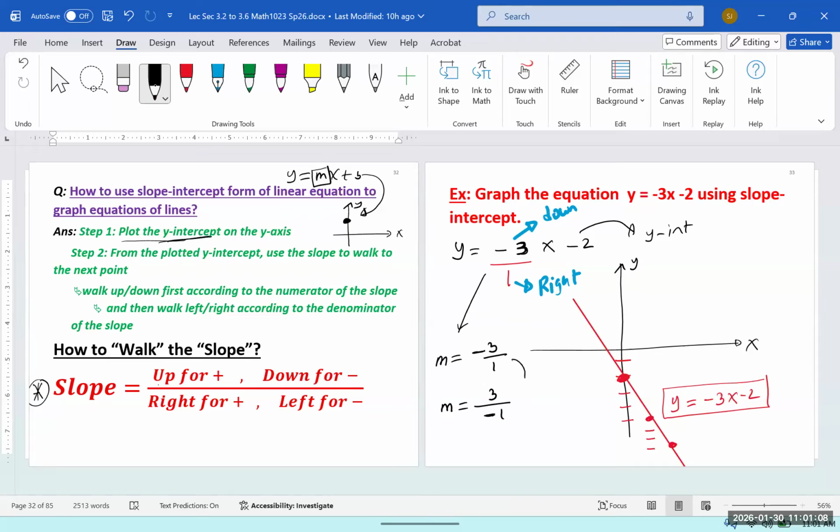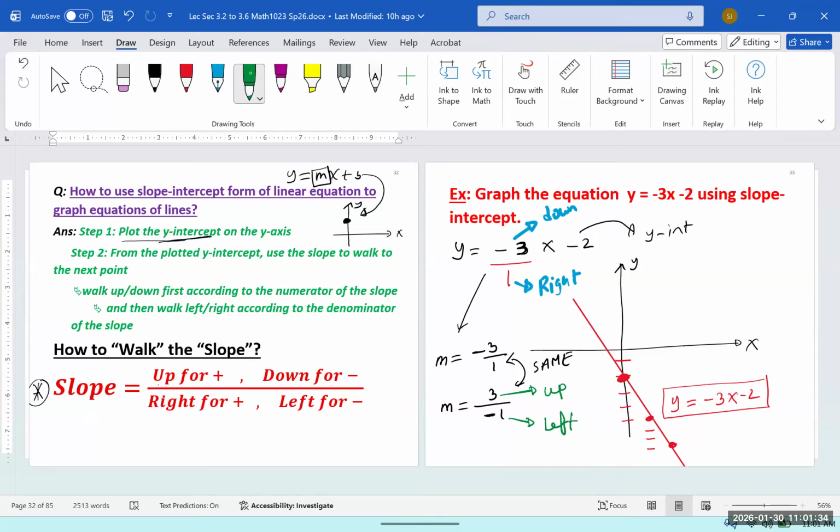They both are the same. So if you want your negative to be on the denominator, then you have a different scenario. Your numerator is positive, so you're going to go up from the y-intercept, and your denominator is negative, so you can go left from that up position.